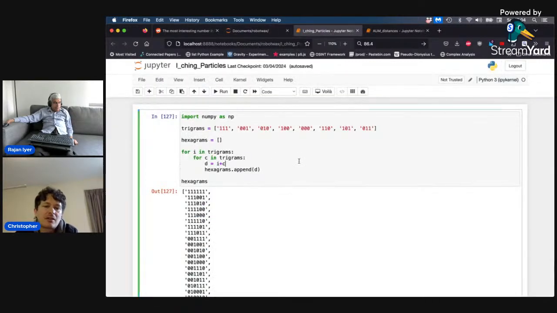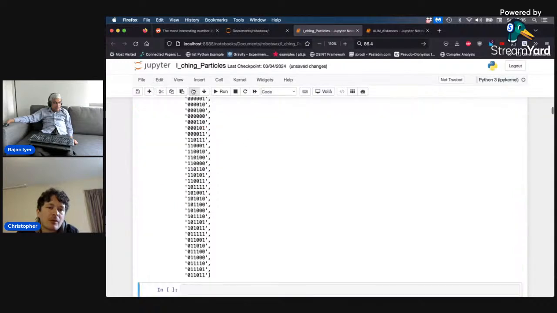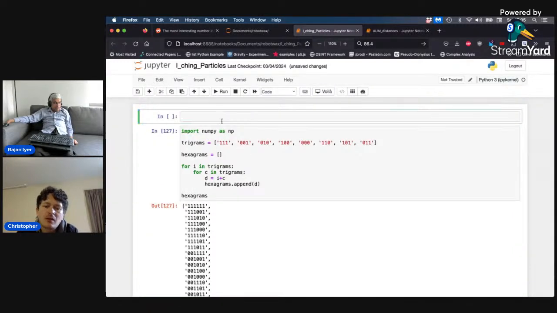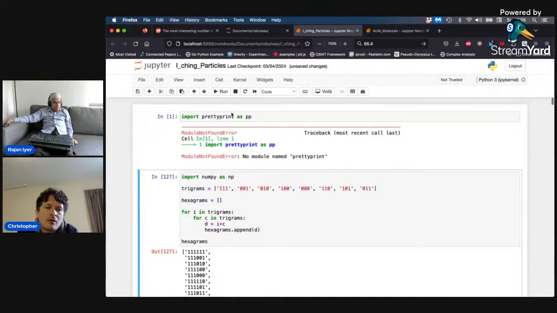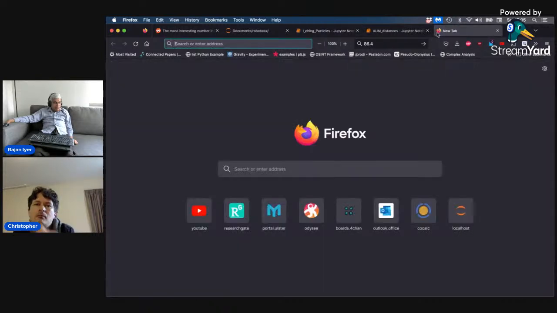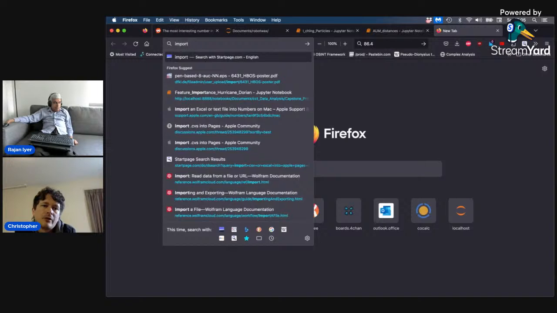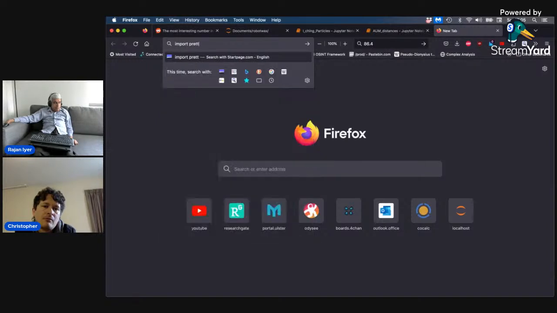So there's this as well that we were talking about before. Can you do import pretty print or something as pp? Import pretty print.